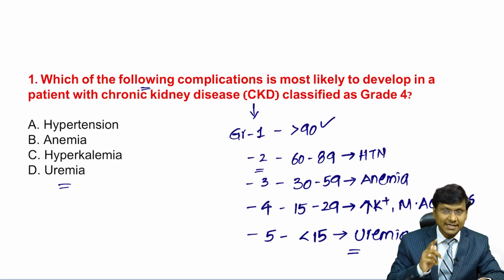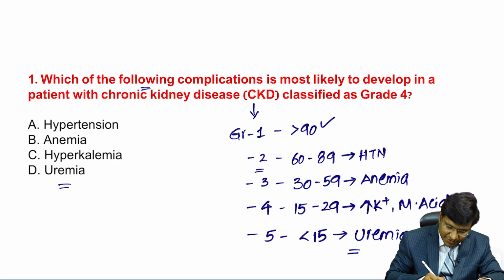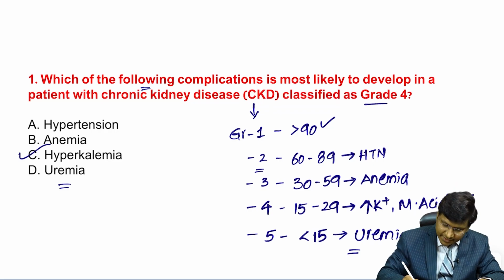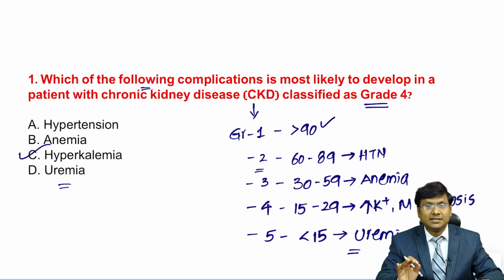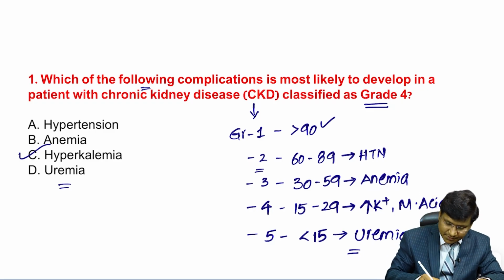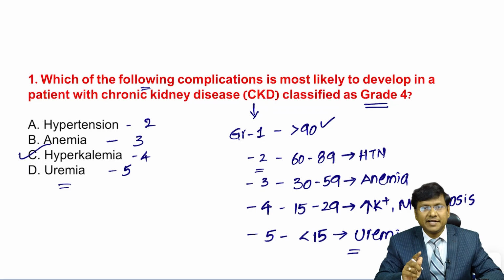So the question asked is grade 4. In grade 4, the electrolyte abnormality these patients will develop is hyperkalemia. Hypertension is observed in grade 2, anemia in grade 3, uremia in grade 5, and hyperkalemia you will have in grade 4.